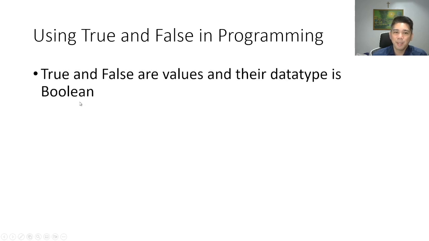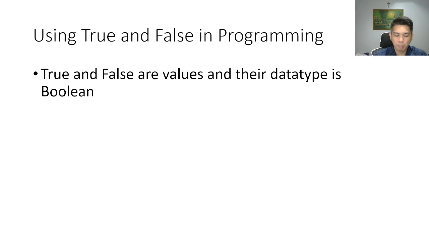In programming, the answers true or false are actually values. True, you can relate it to a number value like 1, and the false is 0. Basically, they are values and their data type is boolean.